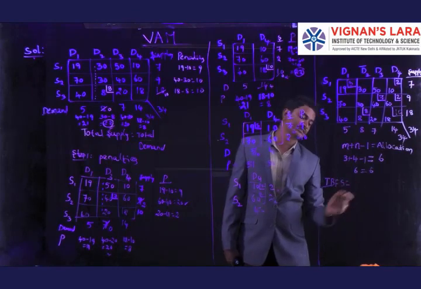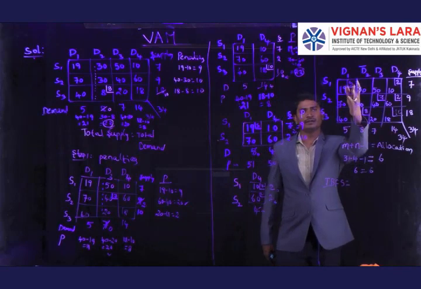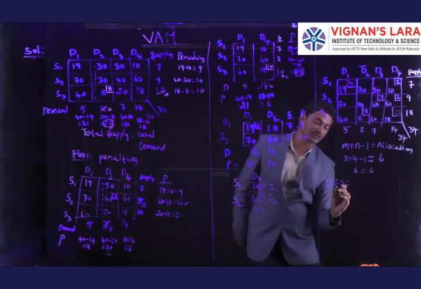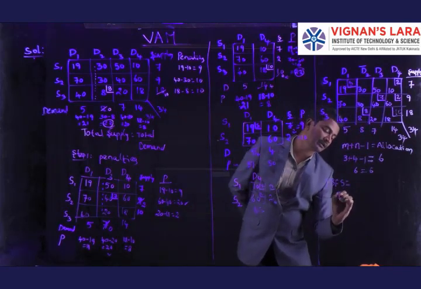Here we are finding the initial basic feasible solution from the allocations. It is also called the total cost.